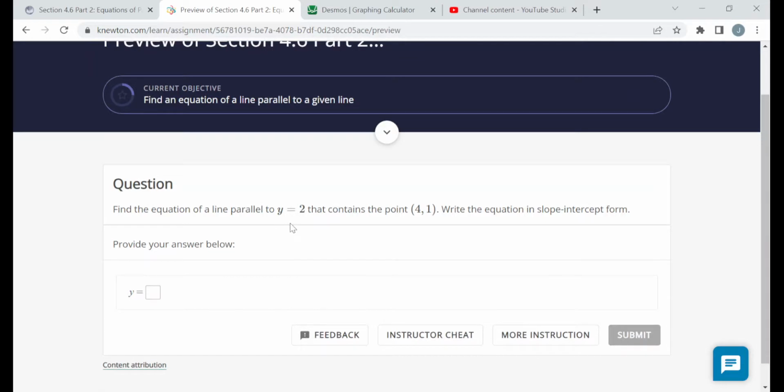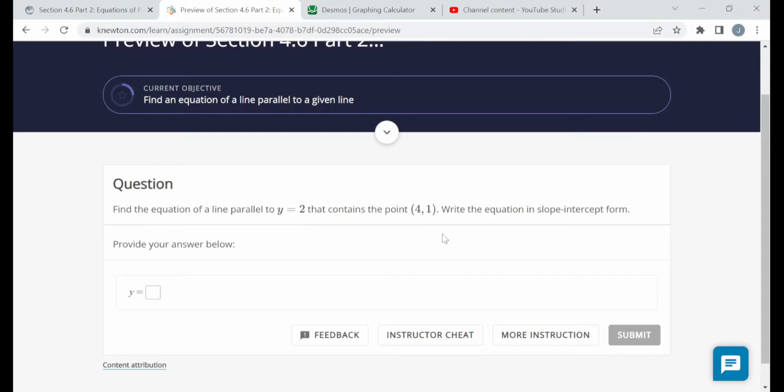Now, again, the ones with the horizontal and vertical lines should be pretty quick. Find the equation of a line this time parallel to y equals 2. Now y equals 2 is horizontal again, right? When y equals the same number all the time, that's a horizontal line. So this should be another horizontal line.